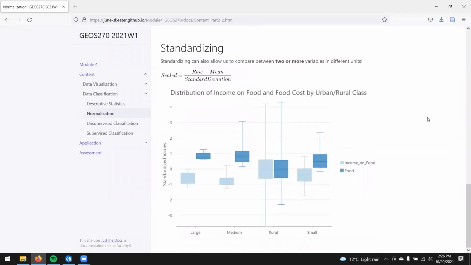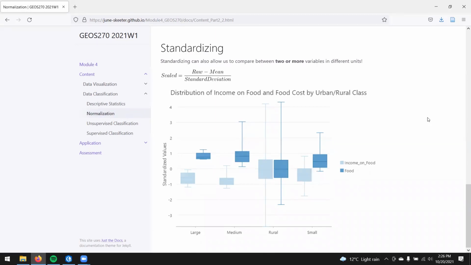And lastly, we can standardize things so that we can more directly compare between variables that are in completely different scales. So I'll show you how to do this in just a moment. Box plots can be used in ARC to compare multiple different factors.